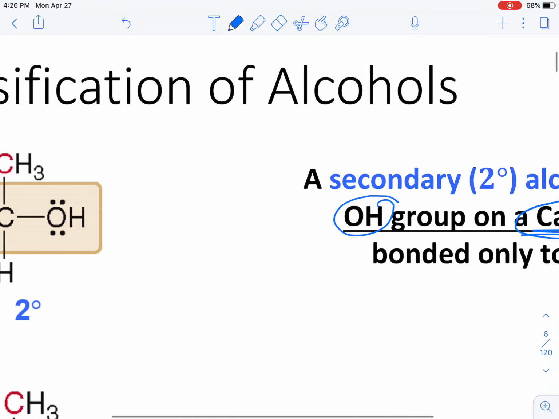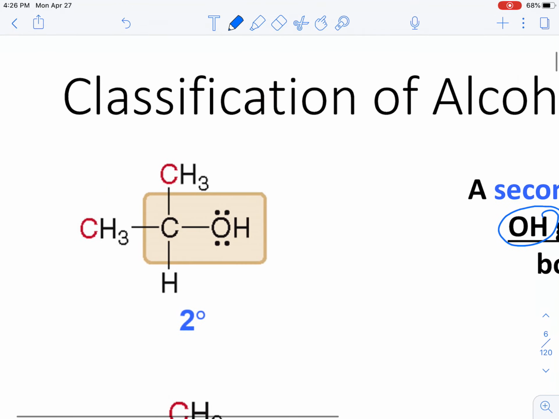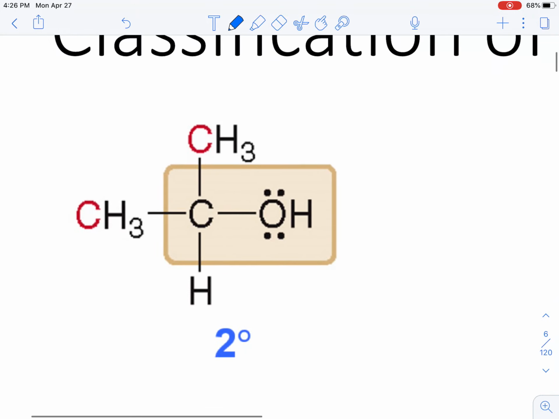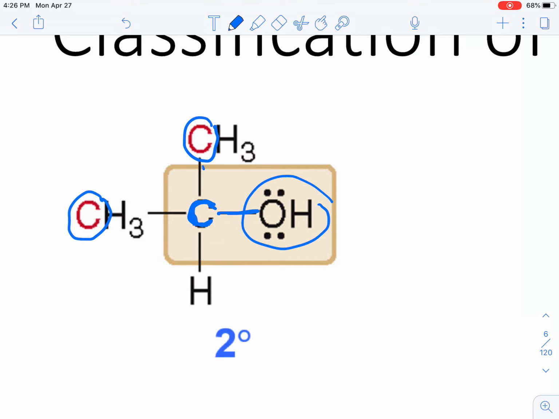And so looking at what this means in terms of a visual basis, so this is our central atom, and this central atom is covalently bonded to this hydroxyl group, but it is also covalently bonded to two carbons.